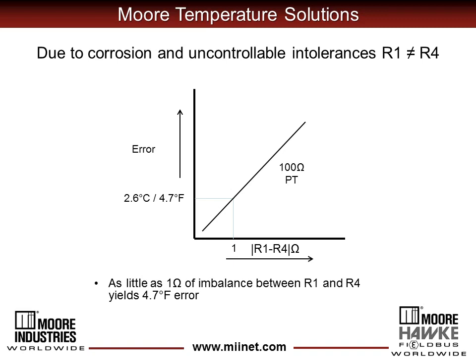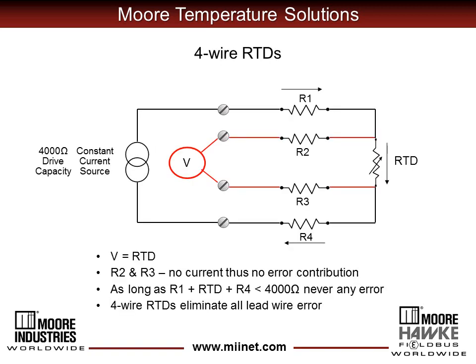If you're trying to achieve a plus and minus 1 degree measurement accuracy, this corrosion is standing between you and success. You can spend your life calibrating this out or eliminate the error totally. And the 4-wire RTD eliminates the error completely.